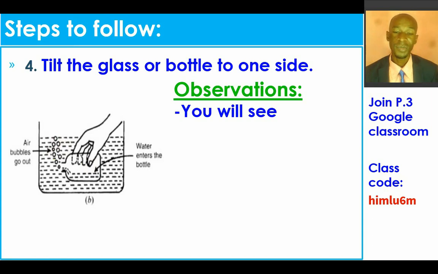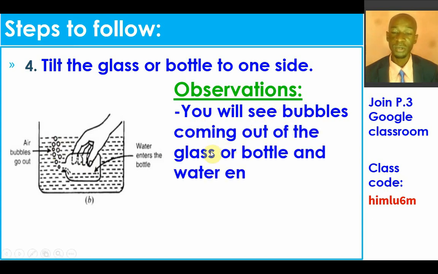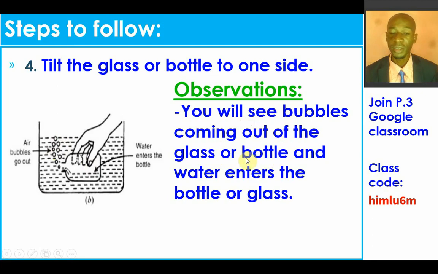We shall say that you will see air bubbles coming out of the glass or bottle, and the water enters the glass or bottle. Yes, air bubbles come out of the glass or bottle, and the water enters the bottle or glass.